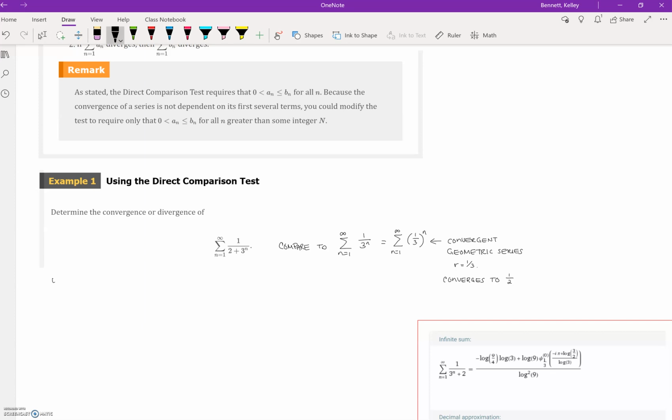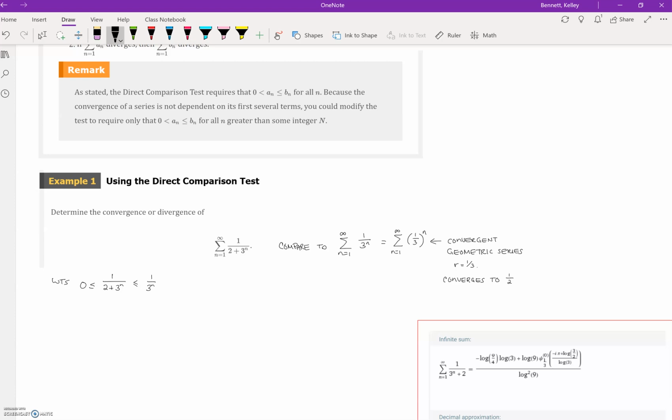So we want to show that 1 over 2 plus 3 to the n is no larger than, oh, and we need to make sure it's positive as well. We want to make sure that each term in our given series is no larger than the series to which we're comparing, which is 1 over 3 to the n.